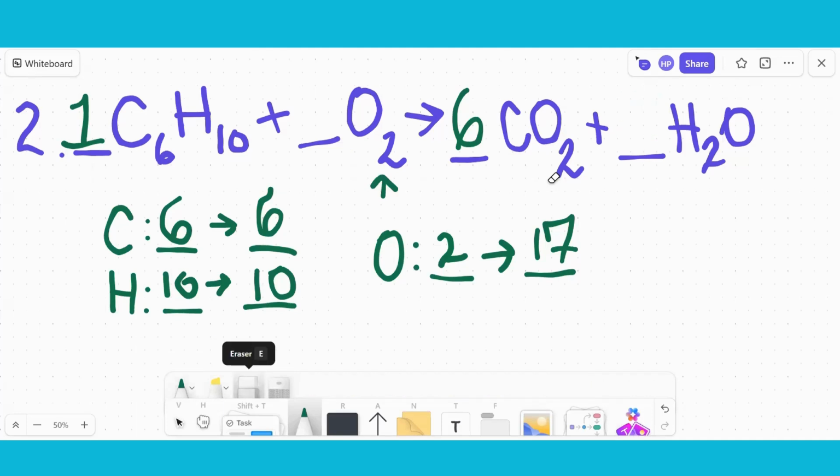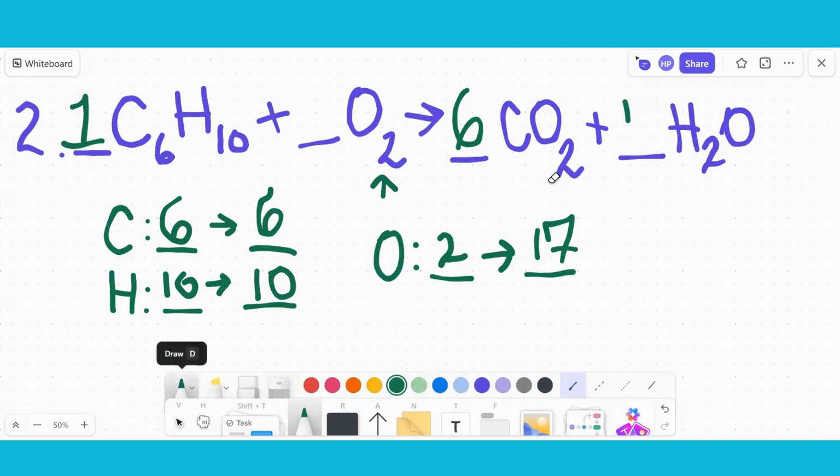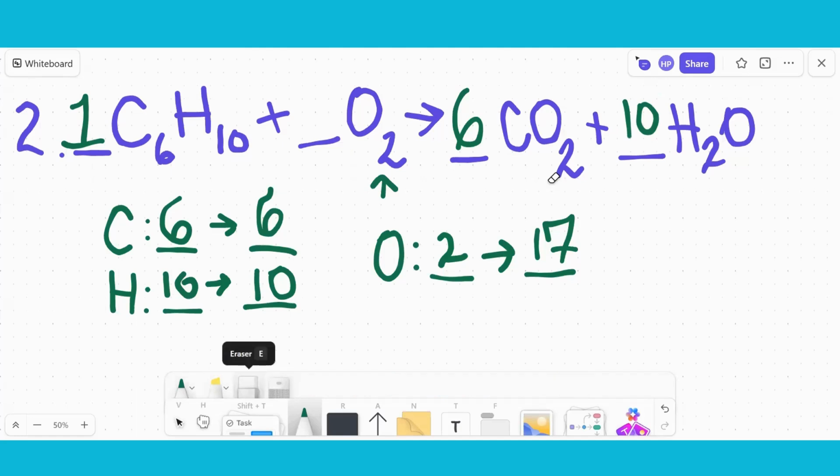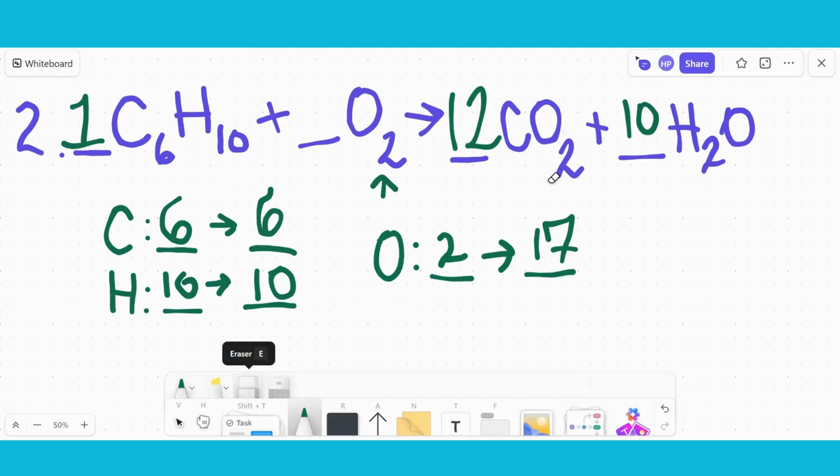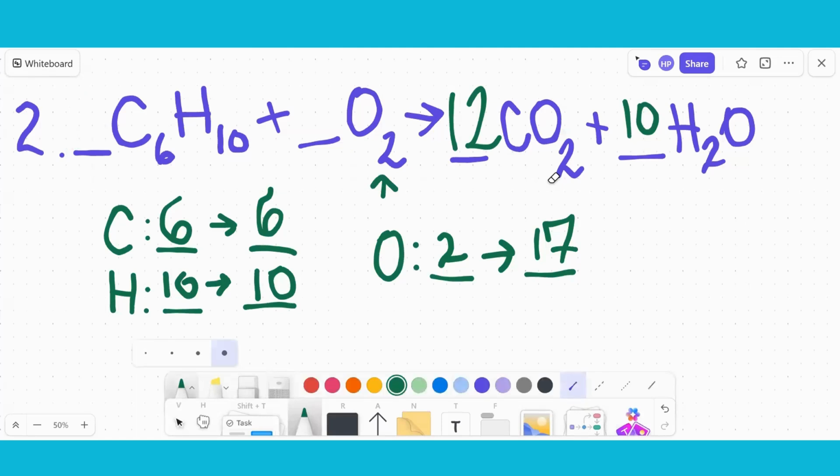So my 5 is going to become a 10. My 6 is going to become a 12. And my 1 is going to become a 2.